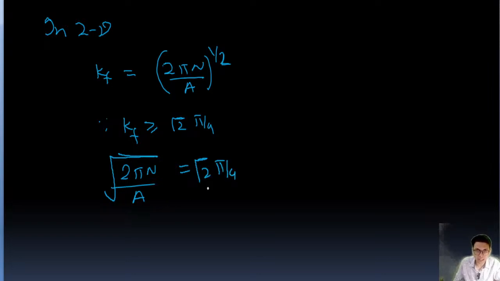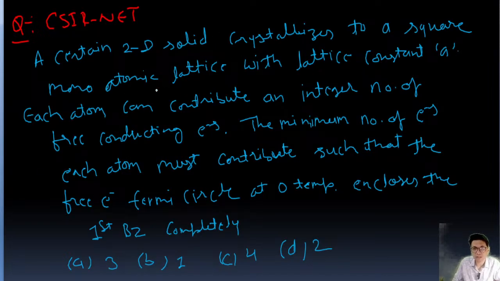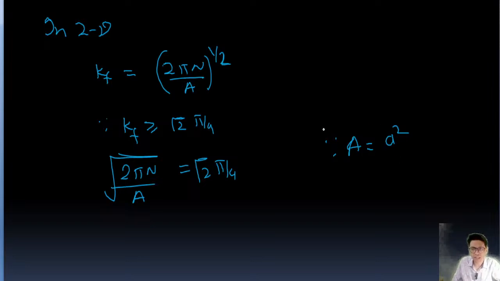Root 2 will get cancelled, and here a is the area of the lattice, that is a squared, because this is a square lattice. A monoatomic 2D solid crystallizes into a square lattice, so the area is a squared.